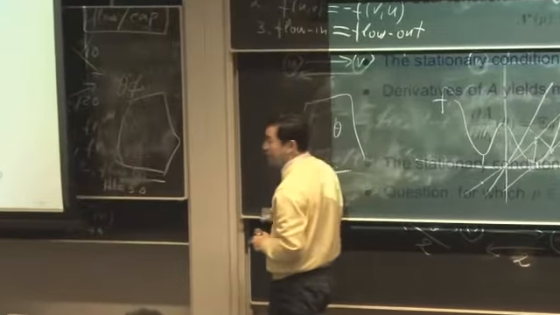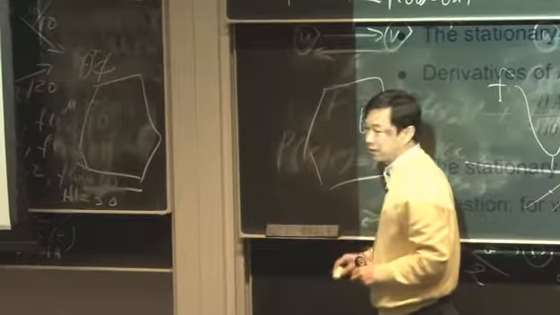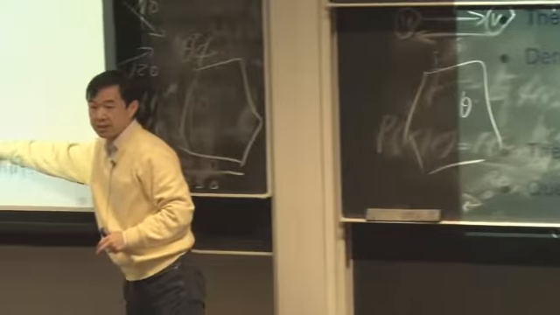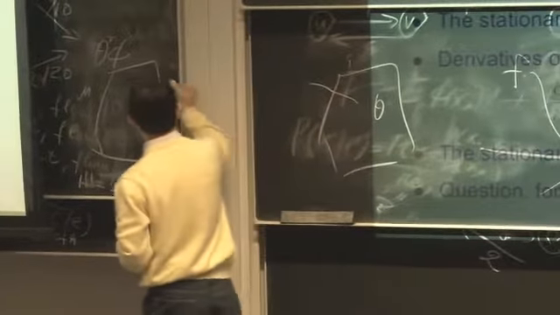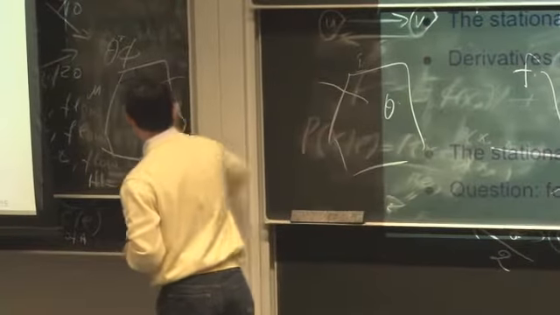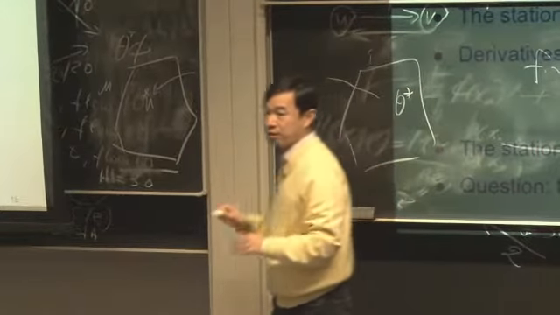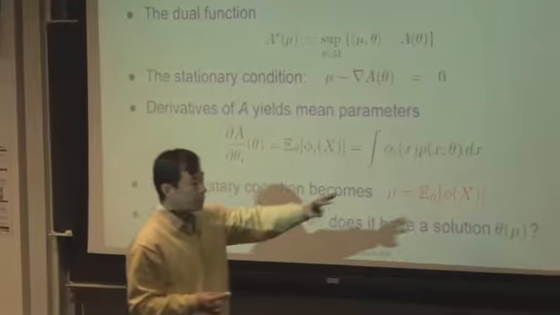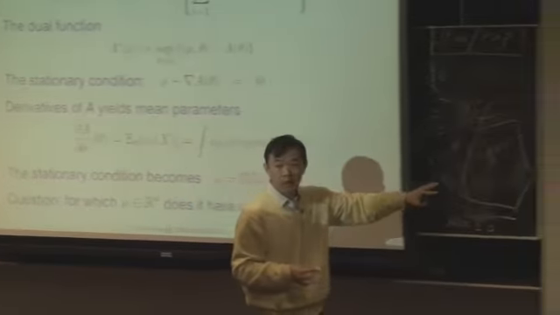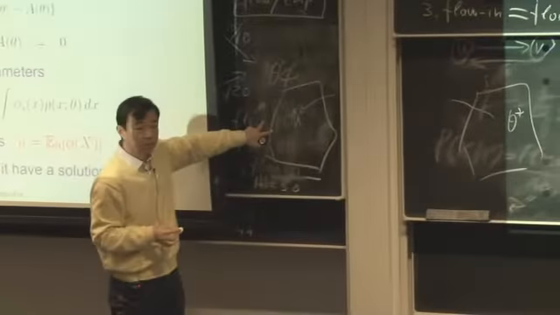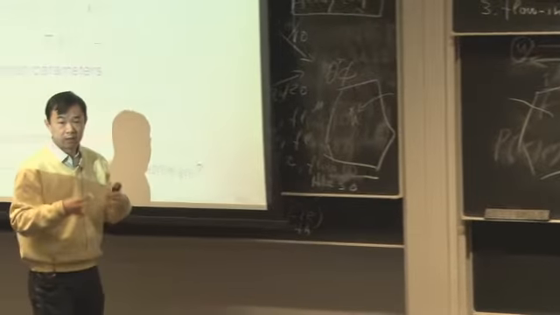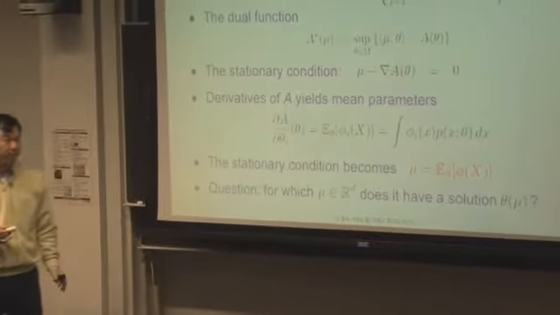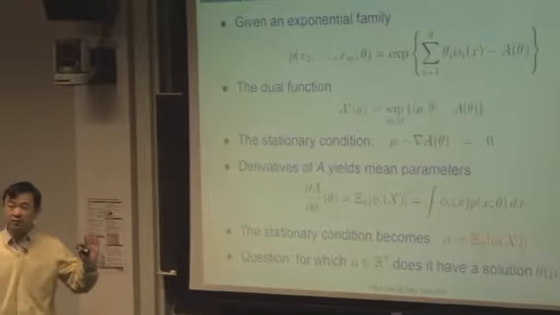There is a one-to-one correspondence. One theta defines a particular distribution P, and once you use that to compute all these expectations, it gives you one of the mu's here. Our goal is to figure out how to use this one-to-one correspondence to identify the space of this mu, and also to see whether some numerical computation can allow us to compute that mu in that space. Clear about the bigger picture question?